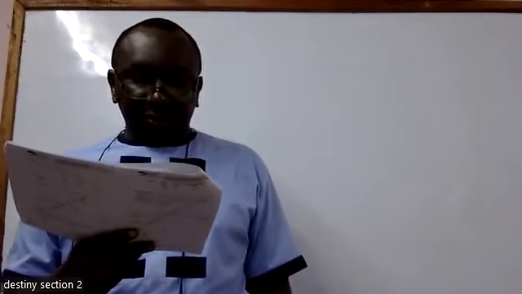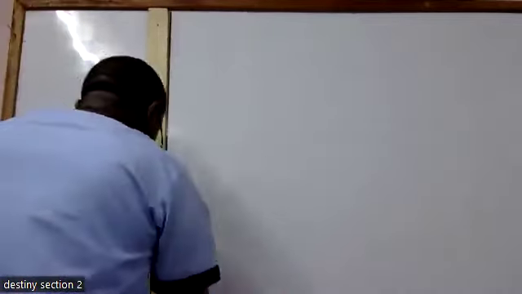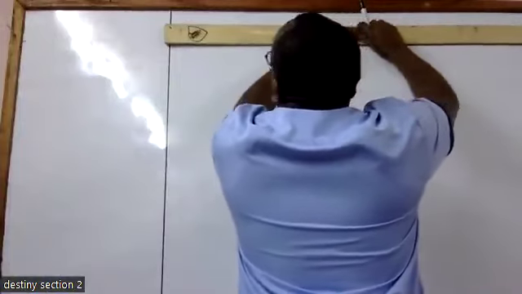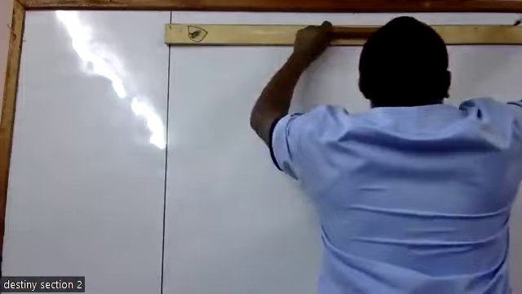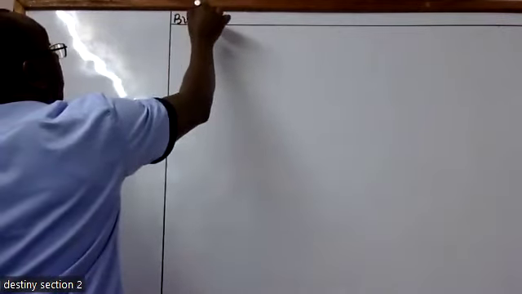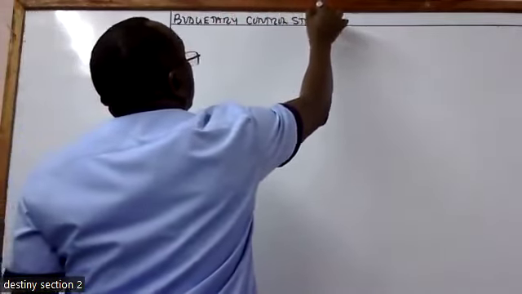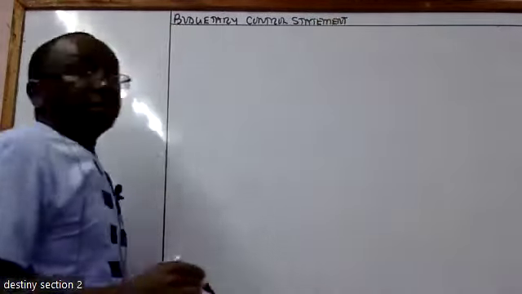For the production that was achieved, we are supposed to prepare what is known as a budgetary control statement.